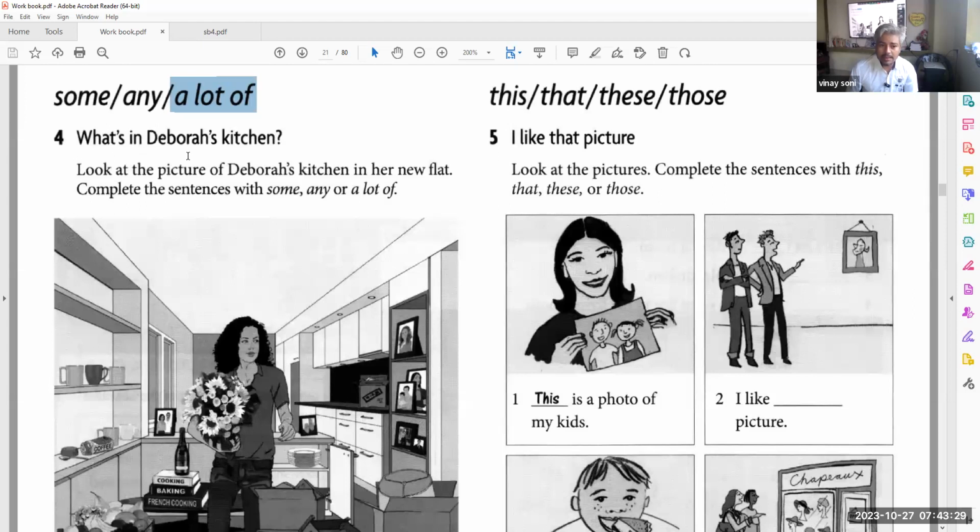What's in Deborah's kitchen? Everybody take a look at this apostrophe S and take a look at this apostrophe S. They are different. In this apostrophe S, the meaning is "is": what is in Deborah's kitchen? Whose kitchen? Deborah's kitchen.